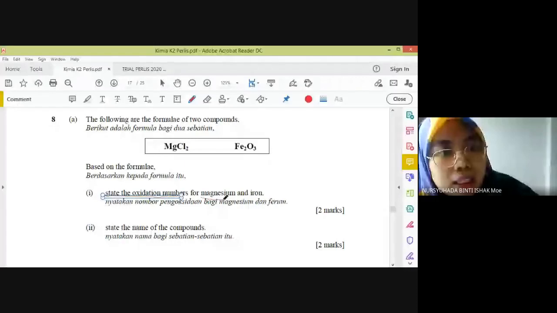The following are the formula of two compounds. They gave you MgCl2 and Fe2O3. Based on the formula, state the oxidation numbers for magnesium and iron. Okay, so senang sahaja.